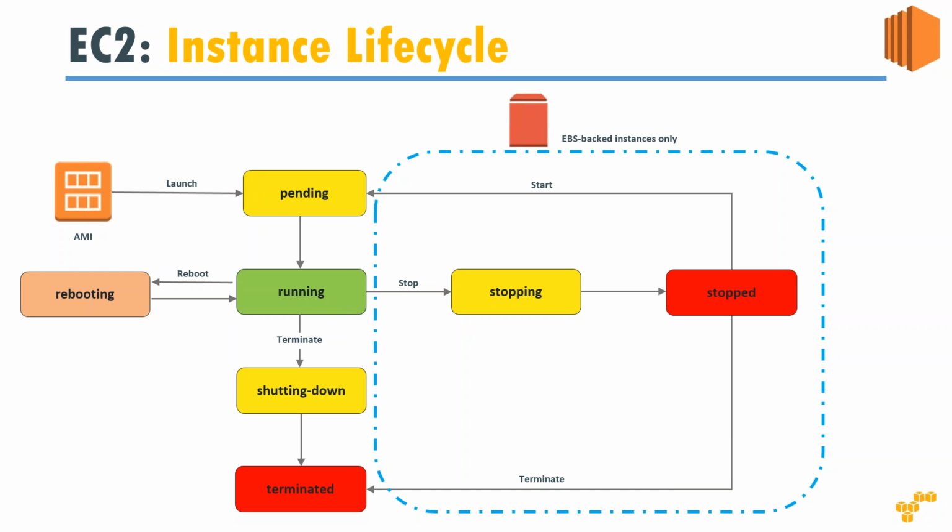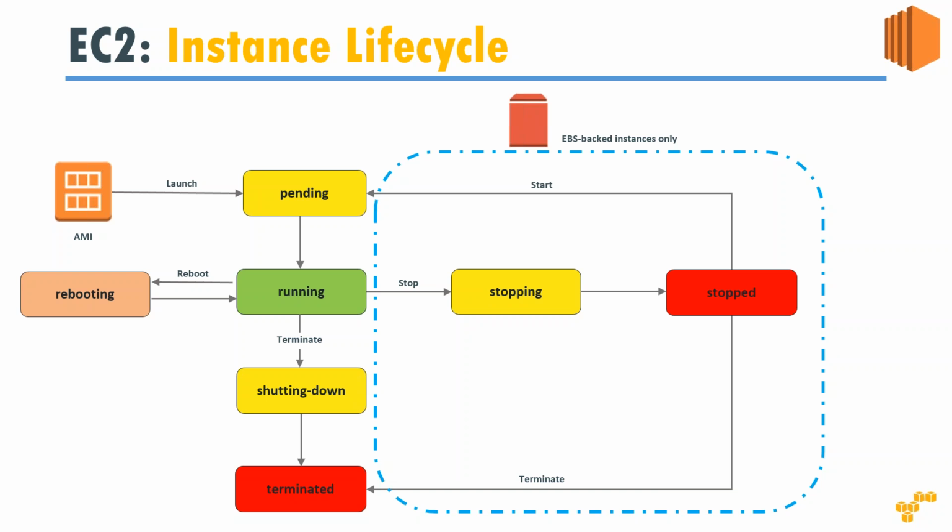These are the different states a server enters in its life cycle. When you're launching, it reaches pending, and then from pending, it reaches a running state. Once it reaches the running state, it can be rebooted or it can be stopped and started, and finally terminated as well. Depending upon the different states, pending, stopping, shutting down, you can configure some other actions in your server by using CloudWatch monitoring or some other monitoring alarm systems.